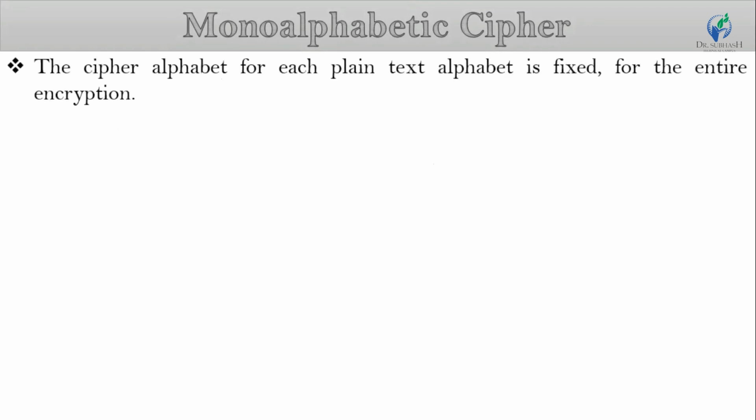Now I explain monoalphabetic cipher. Monoalphabetic cipher is a substitution cipher where the cipher alphabet for each plain text alphabet is fixed for the entire encryption.